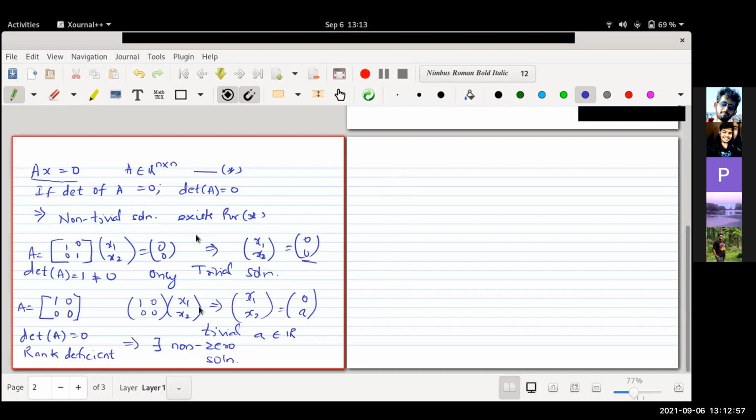So it is rank deficient. Rank deficient matrices, we are talking about the square system now, have a non-zero or non-trivial solution. So if lambda is the eigenvalue, and the determinant of A minus lambda I is 0, then A minus lambda I is rank deficient.